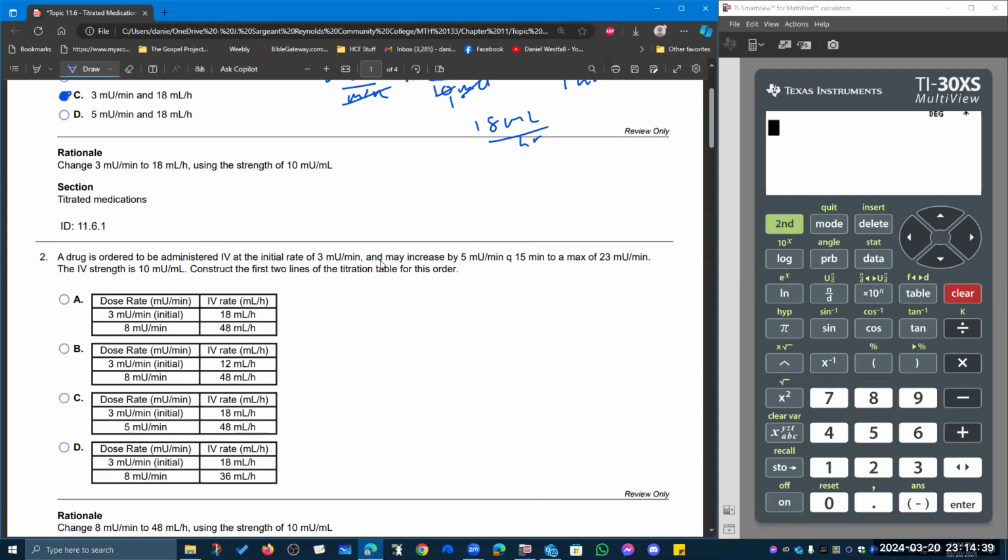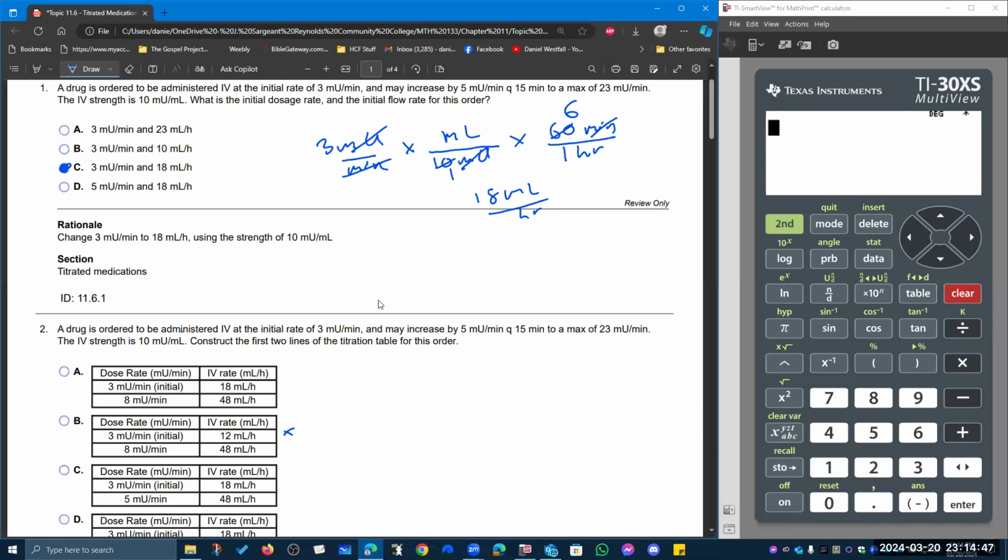That's going to make it not this one. And then we're going to add 5 milliunits per minute. So that's going to give us 8 milliunits per minute.